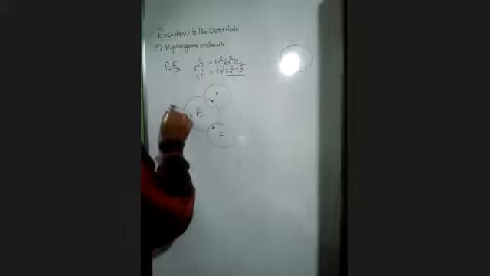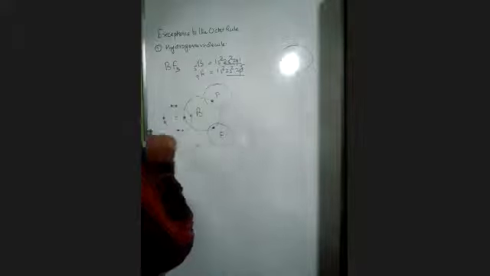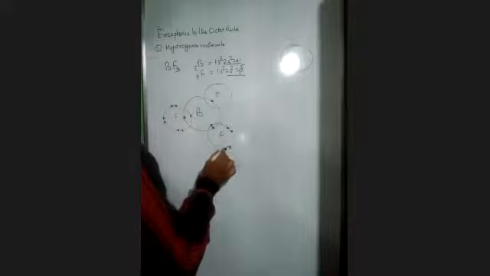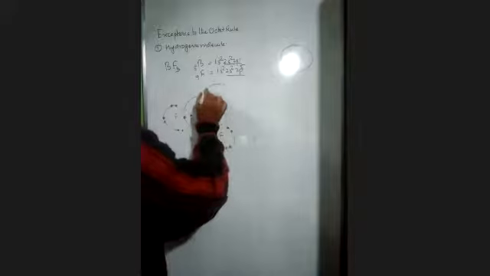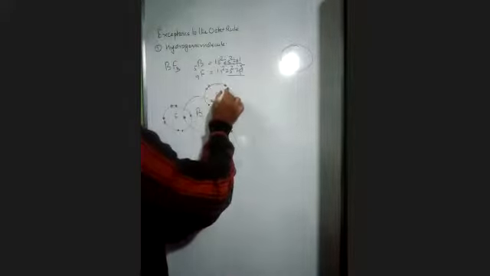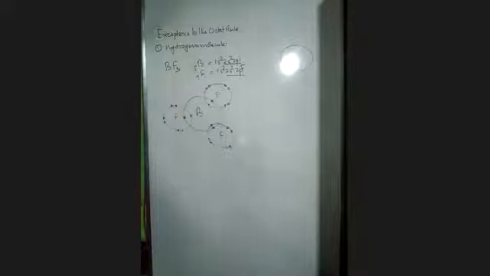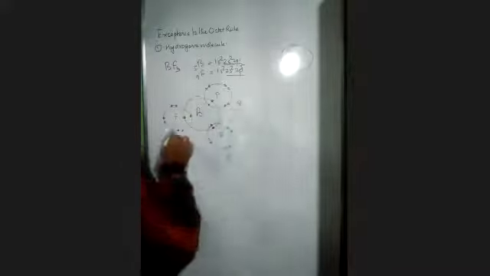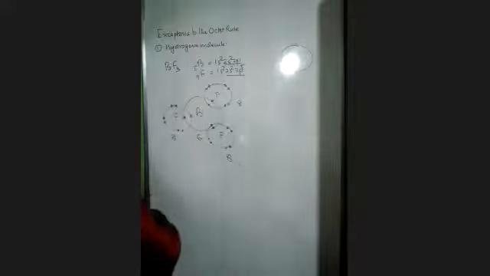Now see here, each fluorine has 8, 8, 8, but boron has only 6. So it is an incomplete octet.